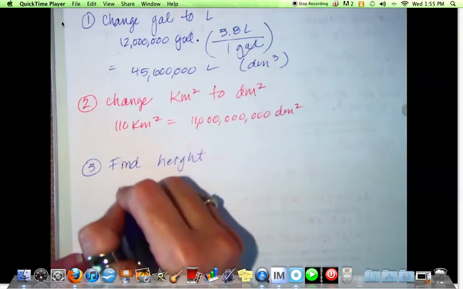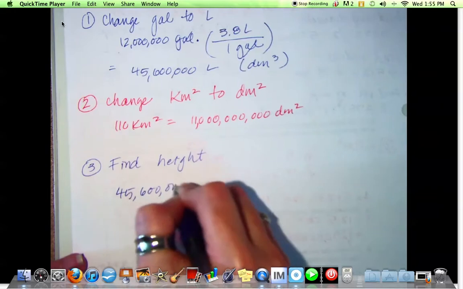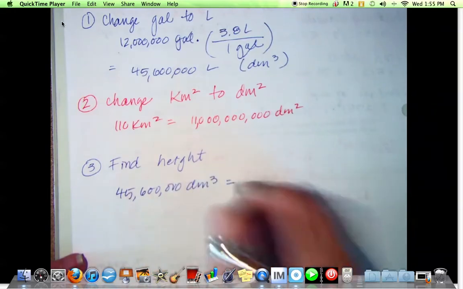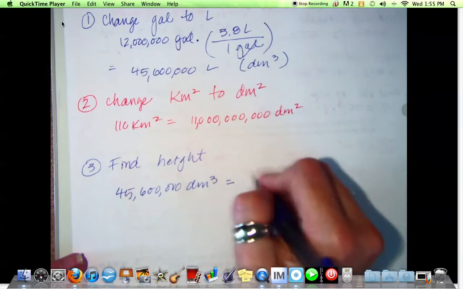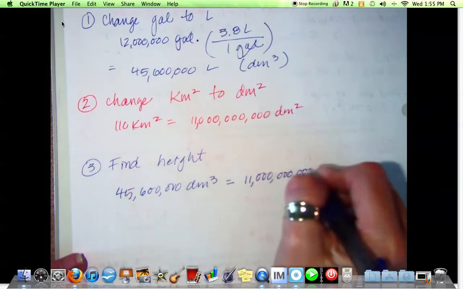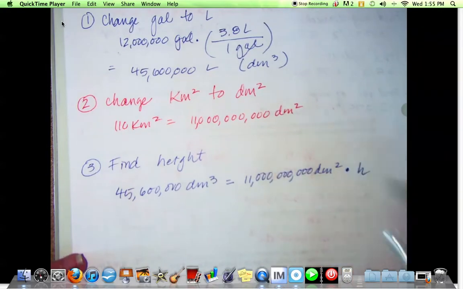So, our volume is 45,600,000 cubic decimeters, and that's equal to our area of 11 billion decimeters squared, and that's multiplied by the height.